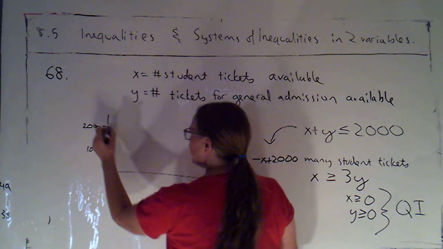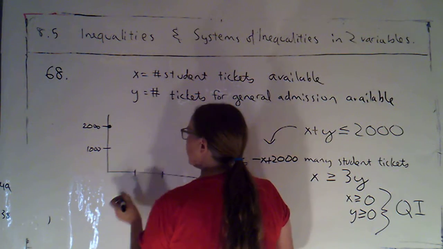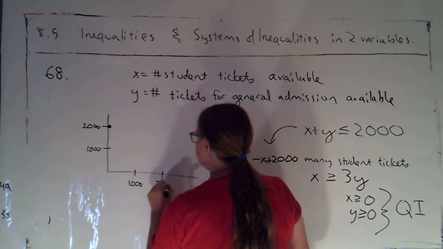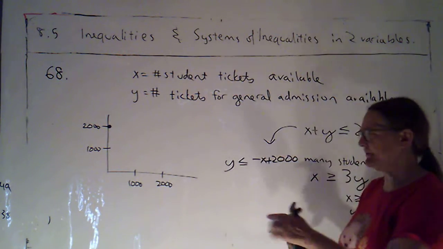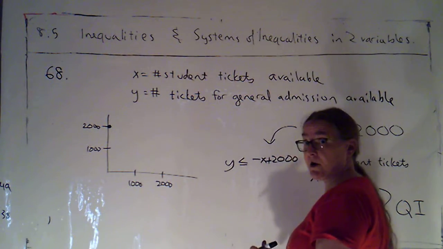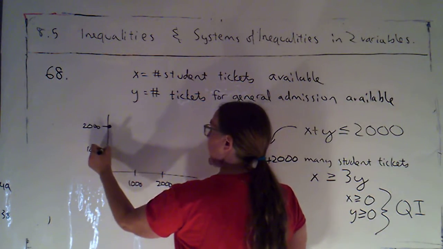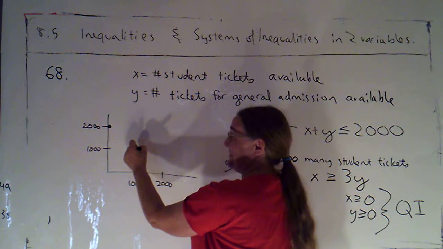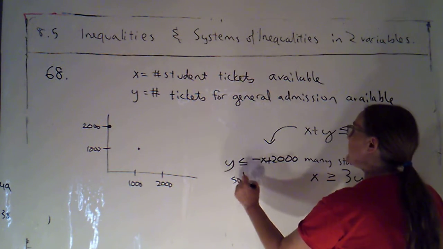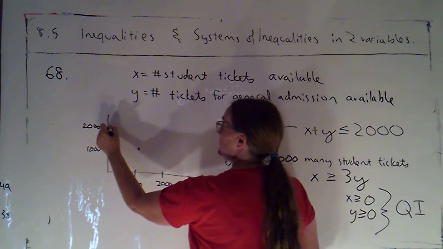My slope is negative 1. Now I'm letting tick marks here represent thousands. So it's kind of hard to see what going down 1 and over 1 is. But as long as my tick marks represent the same amount, going down 1,000 over 1,000 also gives me a slope of negative 1. And this is going to be a solid line.